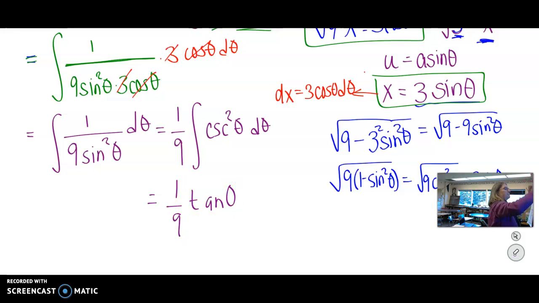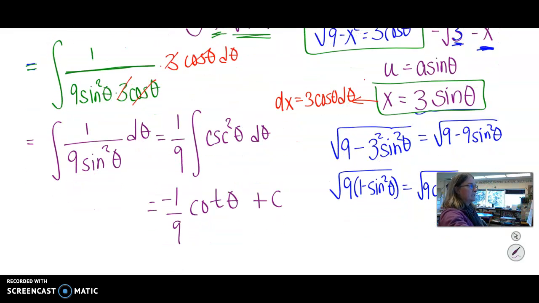No, it isn't. Tangent is the antiderivative of secant squared. The antiderivative of cosecant squared is negative cotangent x, or theta here. So I need a negative out here, because there's no negative in the cosecant, so it would have to be negative 1/9 cotangent of theta plus c.